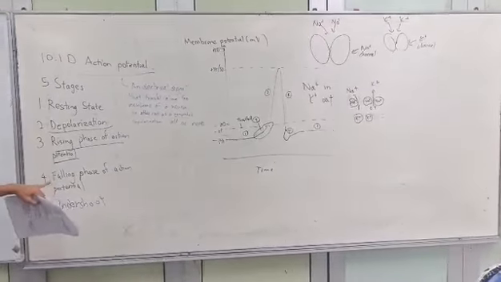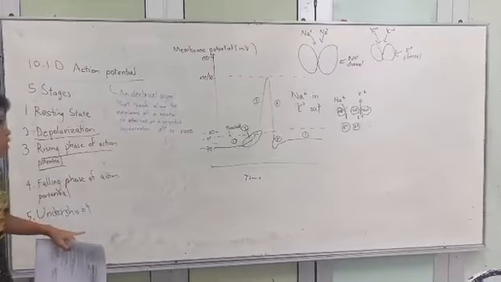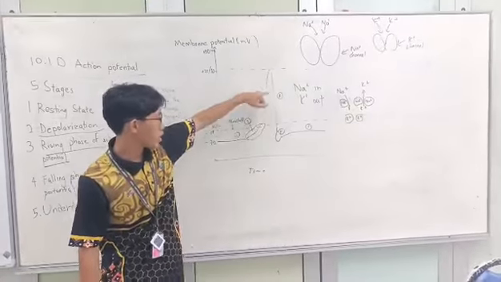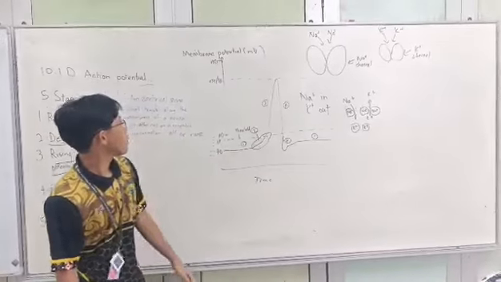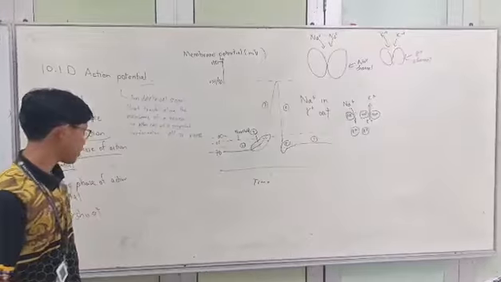I will be explaining the falling phase of the action potential and the undershoot. As you can see in the graph right over here, the membrane potential goes down after the rising phase.